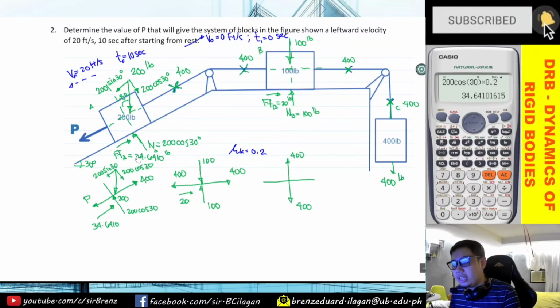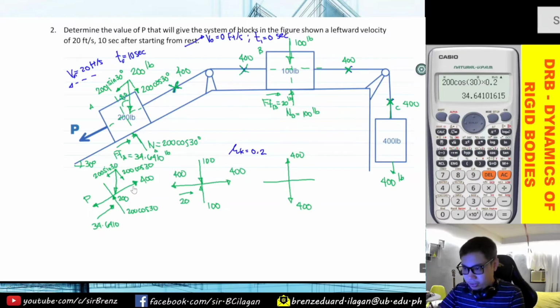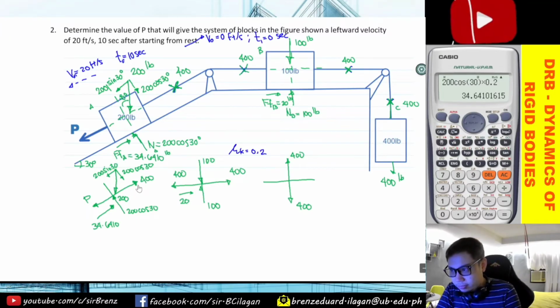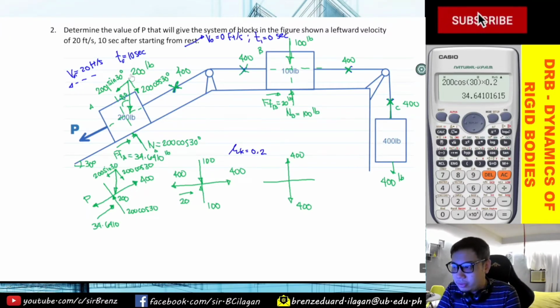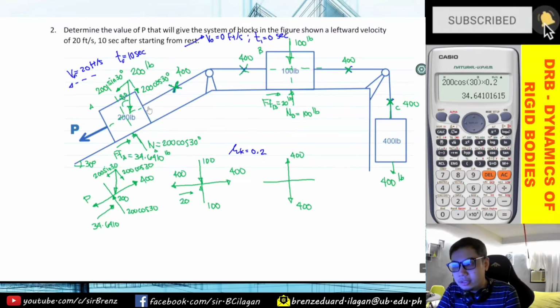So magsisiro lang siya. But on block A, as you can see, meron siyang value. So yung 400 pound will contribute to the negative impulse, or pasalungat yung direction niya to the motion. Okay? So I hope we're clear on that.